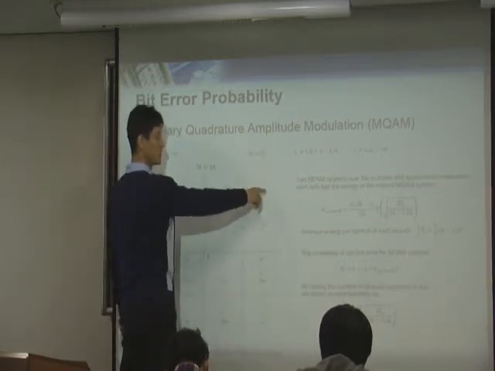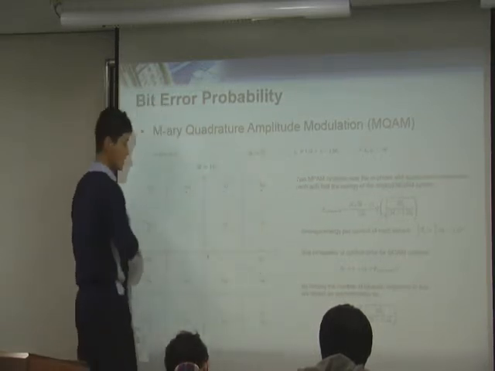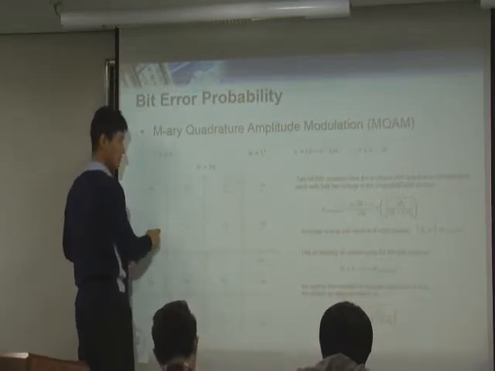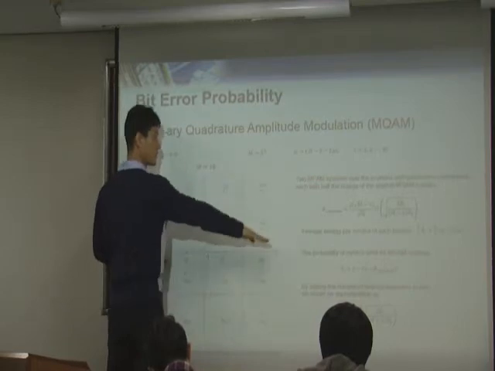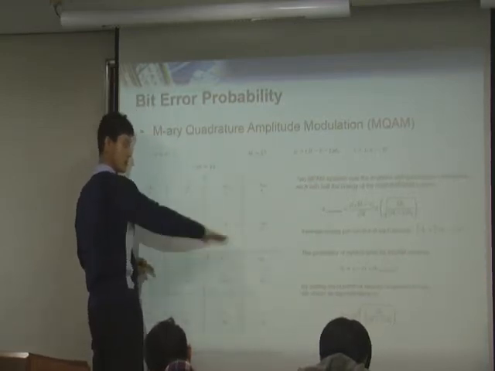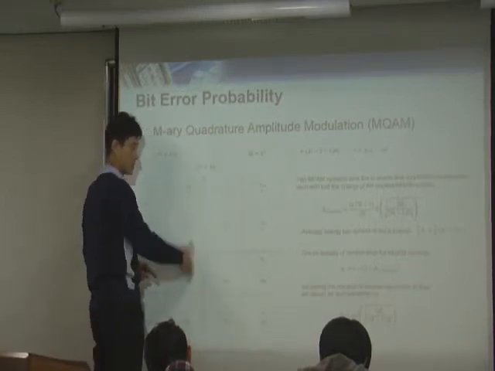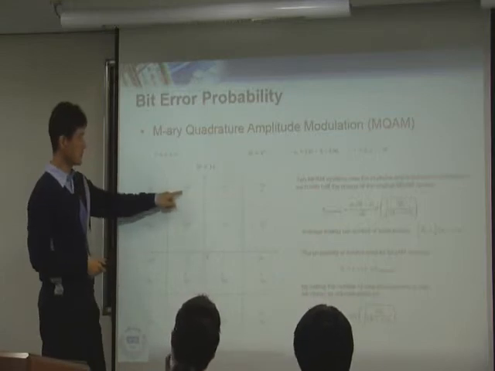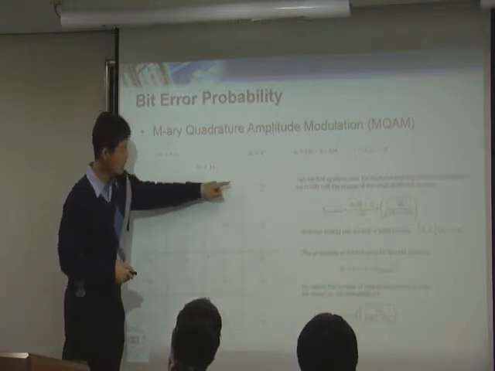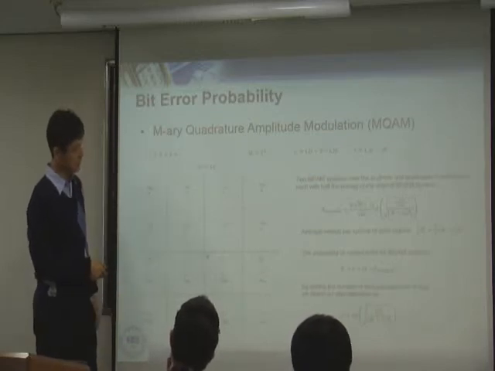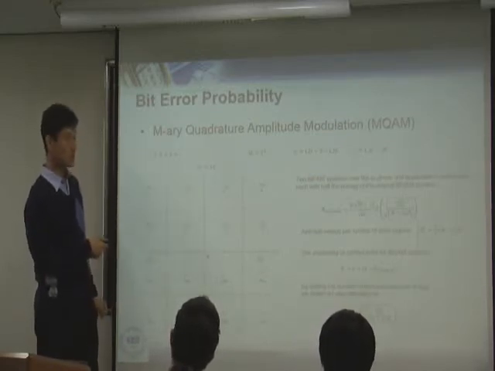In this case, L equal to 4, because for one M-ary pulse amplitude modulation, we have 4 points, right? But we have to think about L squared because we have 2 amplitude modulations. So there are 4 here, and there are another 4 here. So you multiply that, that's going to be L squared. So total number of symbols in QAM is going to be L squared, but for each pulse amplitude modulation, you have 4 of them. So that's the only difference.